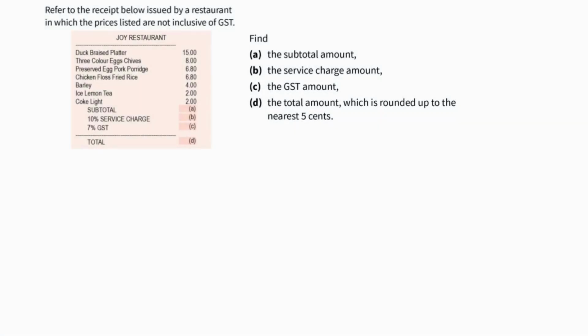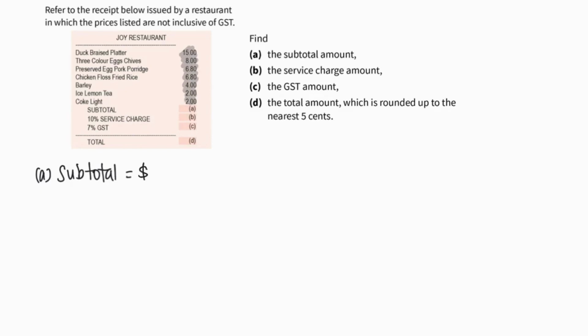Hello everyone, welcome to this math problem where we are given a receipt and we will need to slowly find out all the values. Subtotal is pretty straightforward. It's the total of all this. This is the total price.